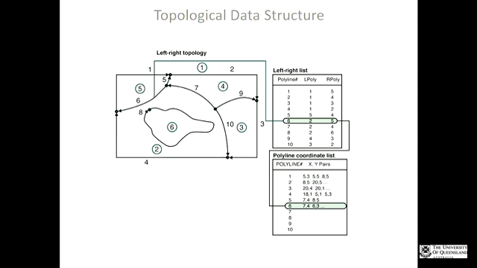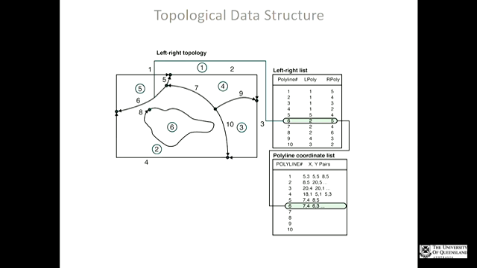Where's polyline 1? Try to find it. Up here. So polyline 1 goes from this point to this point, okay? So the left polygon is 1. So there's a polygon outside here, which is 1. And then the right polygon is 5. Okay, so these 5s. Yep. So this is polygon 5.